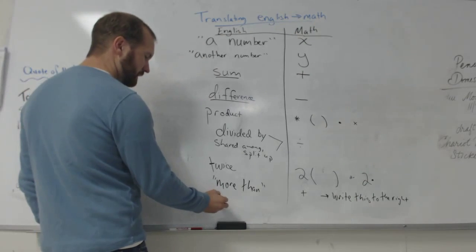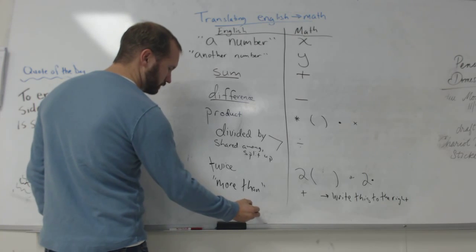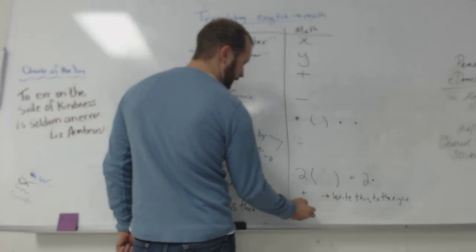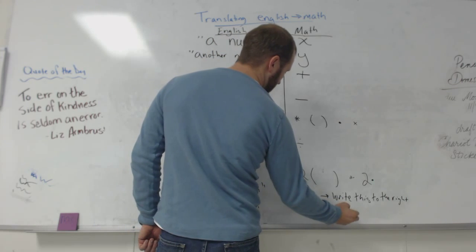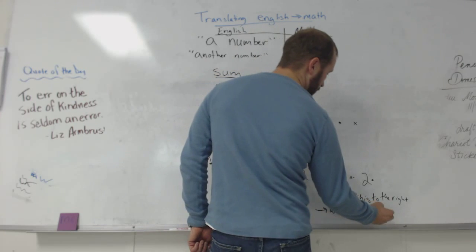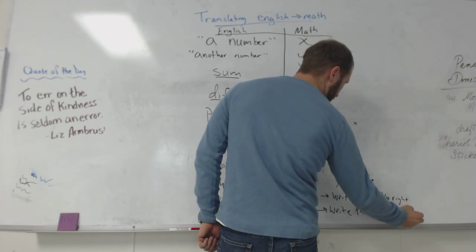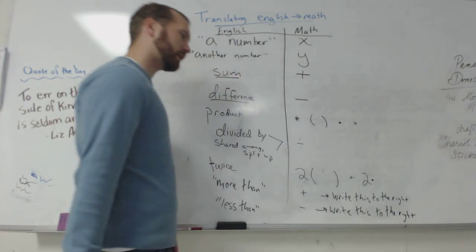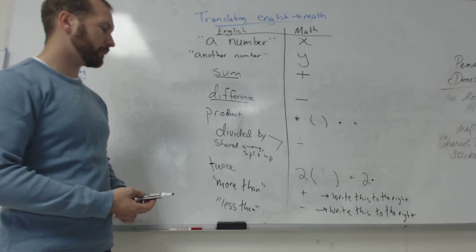And if we see "less than" or something similar, that means minus, but again, write this to the right. That's just a little trick that I want you to practice as we translate English sentences into math.